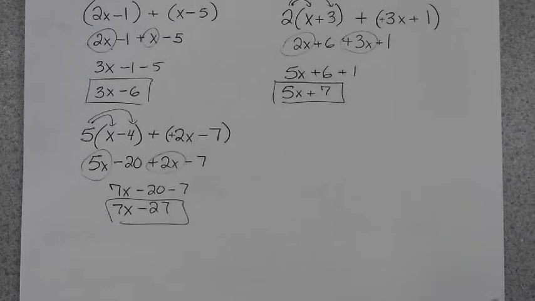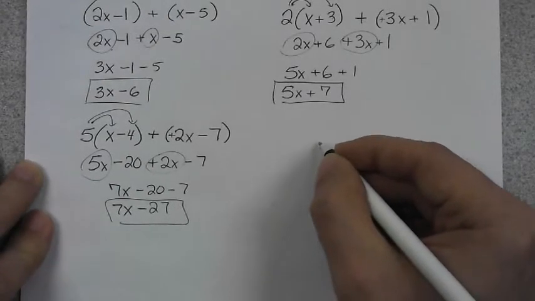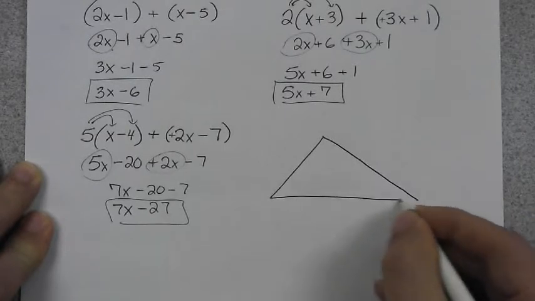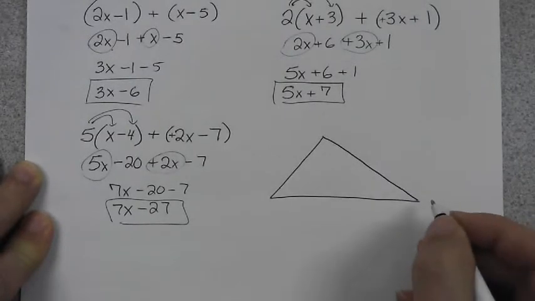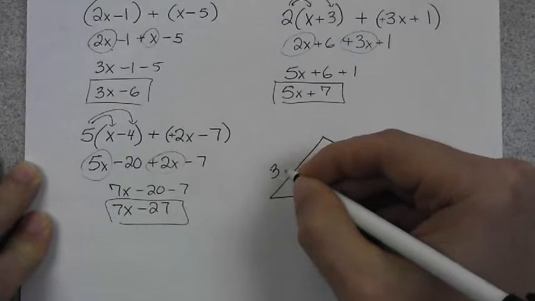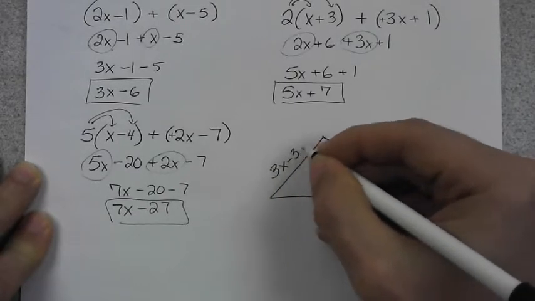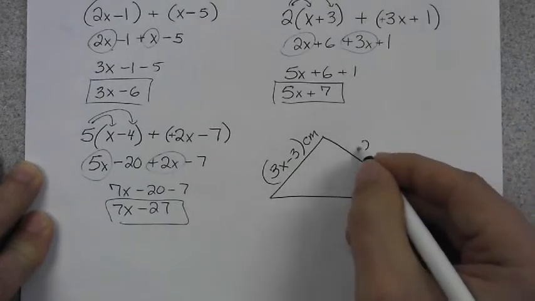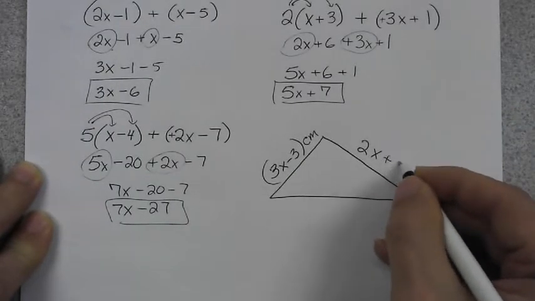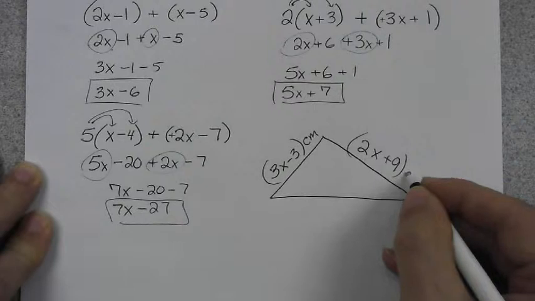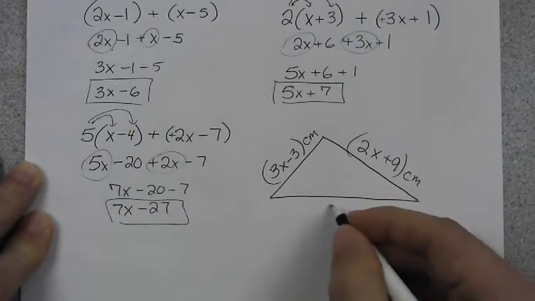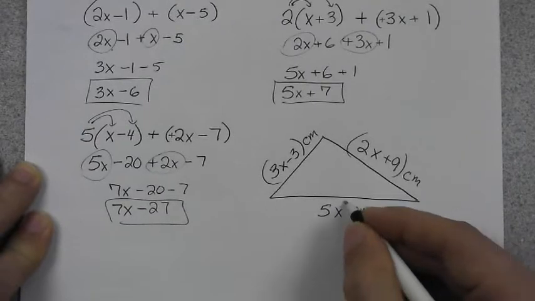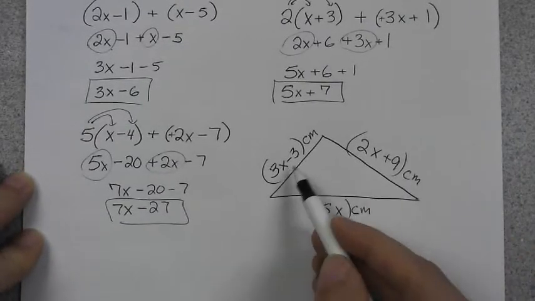Now, your book also has an interesting example here that I want you to look at. They had a picture of a triangle, and they said this side is equal to 3x minus 3 centimeters. This is equal to 2x plus 9 centimeters, and this is equal to 5x centimeters. Now, I know this is a lot of variables.